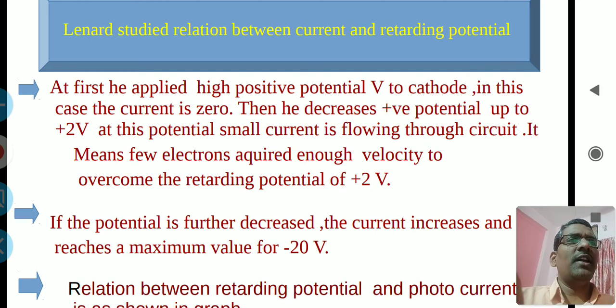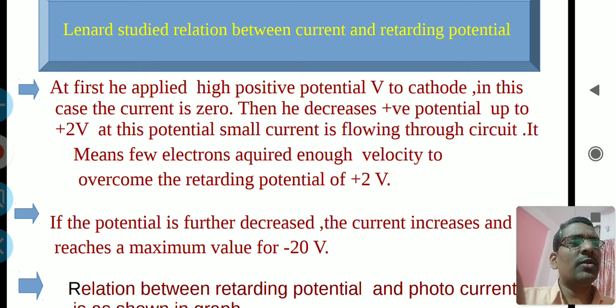Lenard studied the relation between the current and the retarding potential. At first, he applied a high positive potential V to the cathode. In this case, the current is 0 in the emitter. Then he decreased the positive potential up to plus 2 volt. At this potential, a small current flows through the circuit.